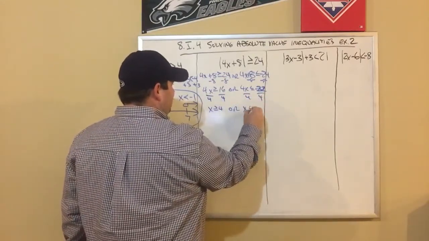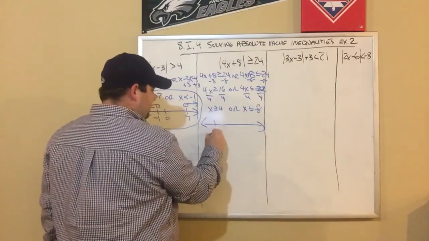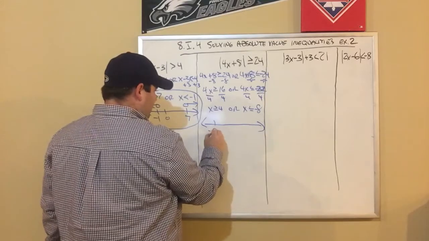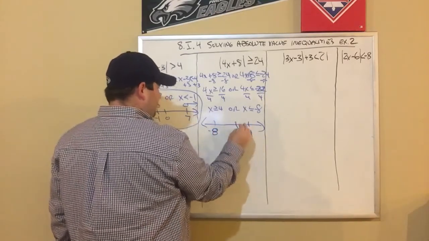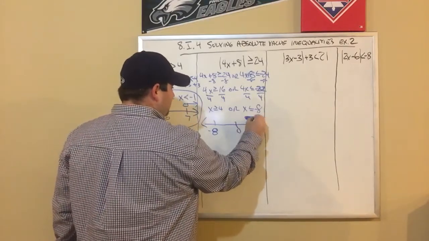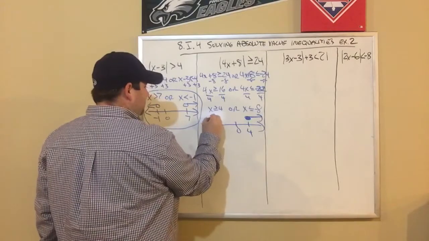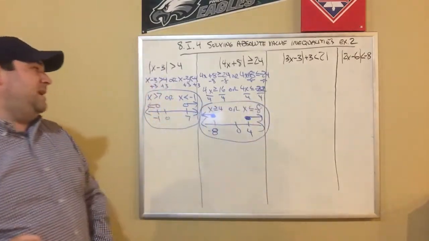X is less than or equal to negative 8. Graph that, so negative 8, 0, 4. Greater than or equal, I fill in my circle because I got the equal to, less than or equal to negative 8. All right, done the second one there.